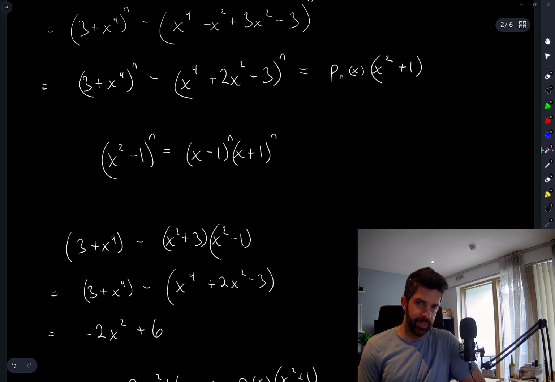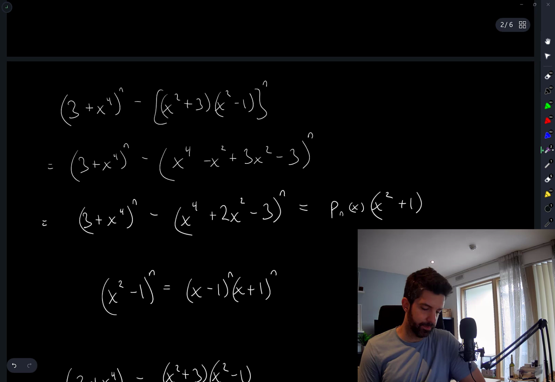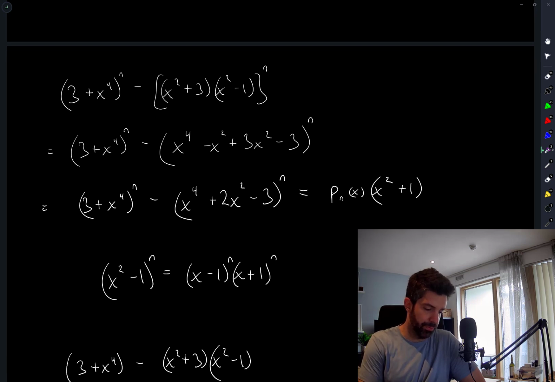The other thing that I thought about is, if I can find out what the remainder is when x^2 + 1 divides that, and the remainder when x^2 + 1 divides that, then that'll be something that depends on n. But the remainder when it divides the difference has to be the difference of those remainders. But I don't see the easy way of figuring that out.